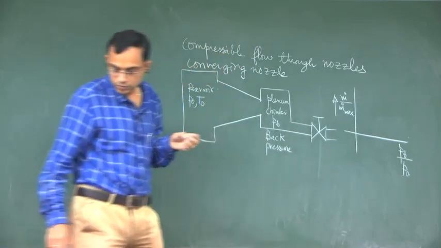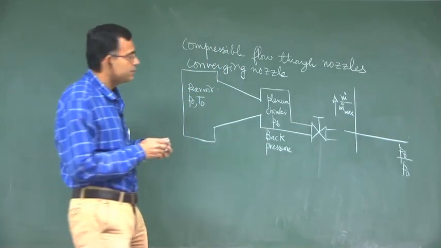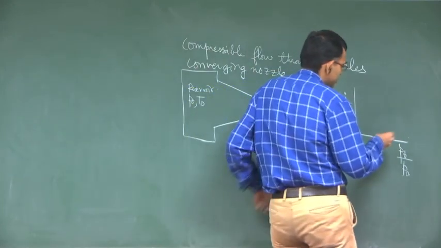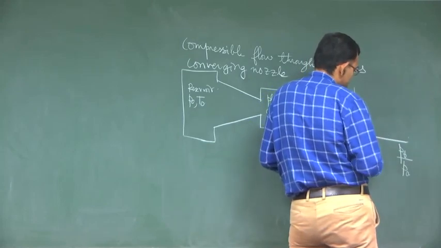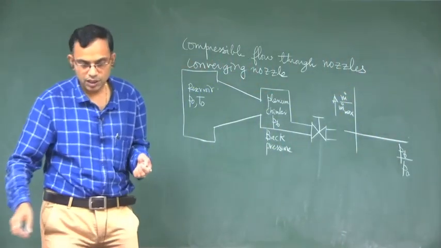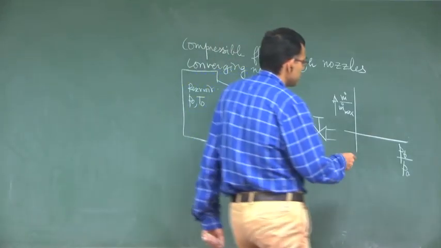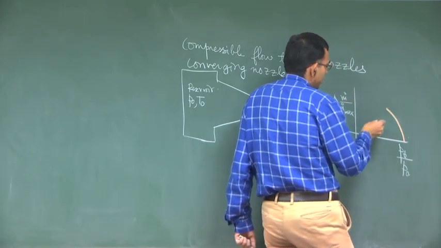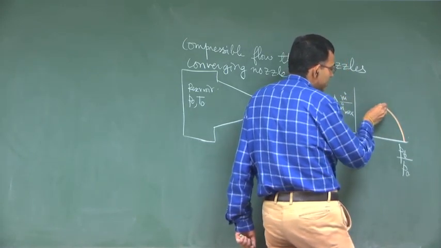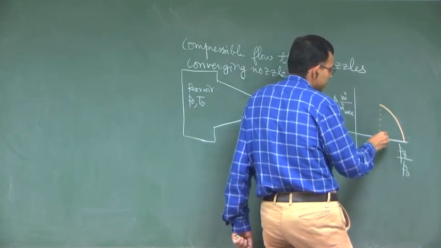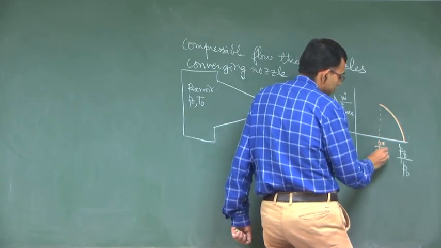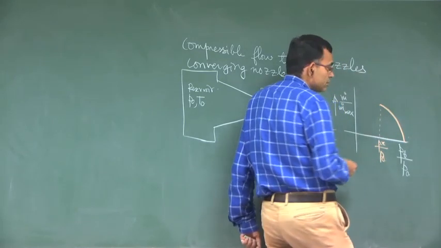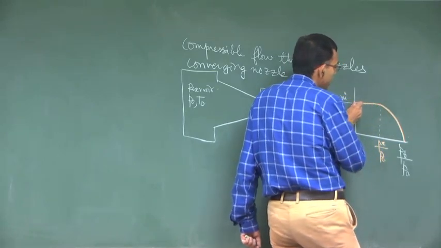So, if you now reduce the back pressure, the mass flow rate will increase. Let me draw it with a different color. But when a critical pressure is attained, which we call P star, after that no matter how much you reduce the back pressure, the mass flow rate will remain the same.